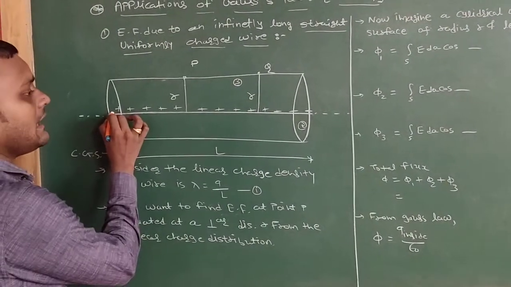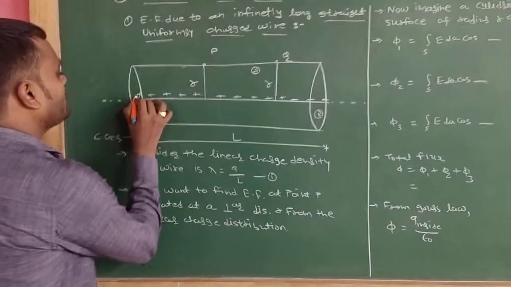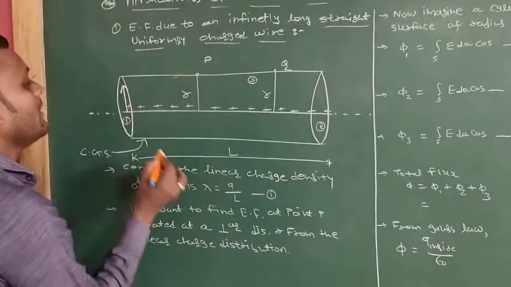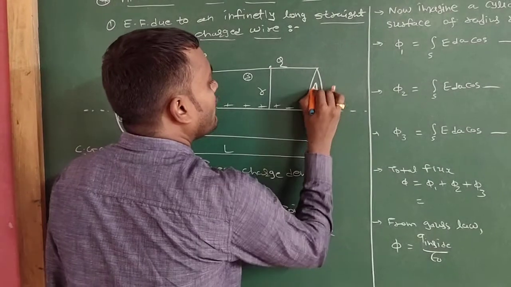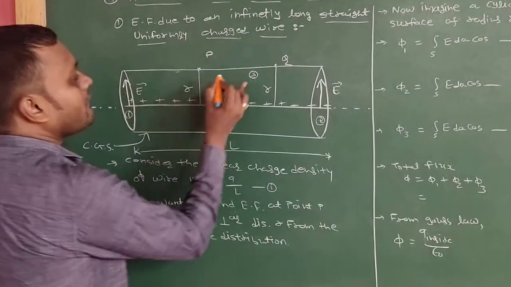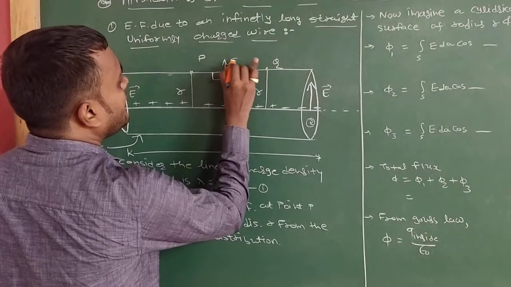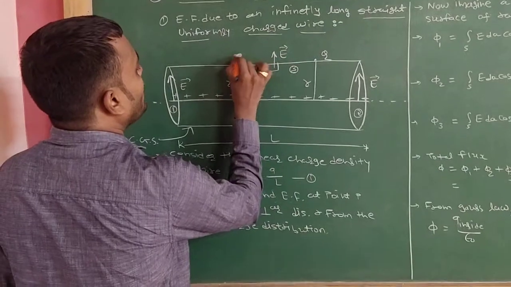From the charge distribution, this is a positive linear charge distribution, so the electric field is radially outward. Here also the electric field is radially outward, so this is the direction of E. In the same way over here, if we take a small portion, the electric field is radially outward.